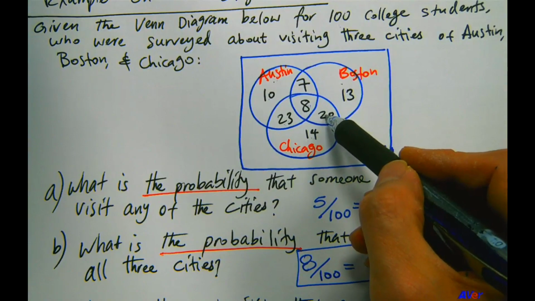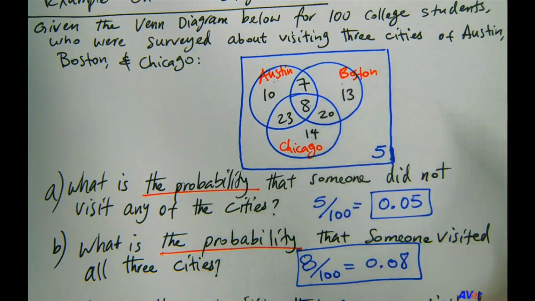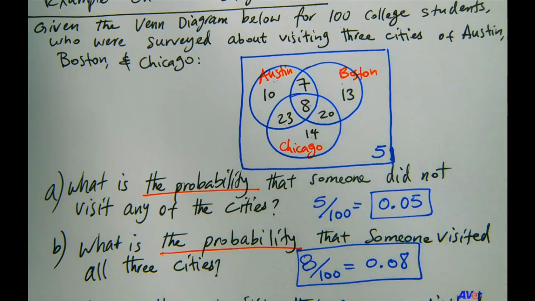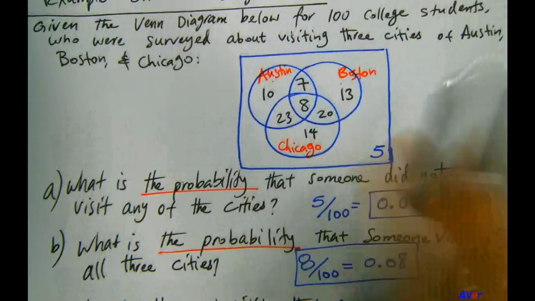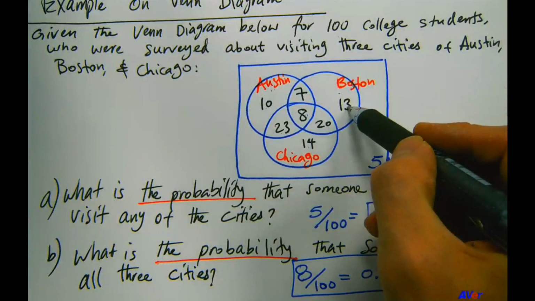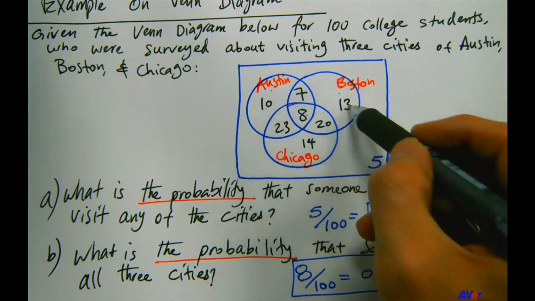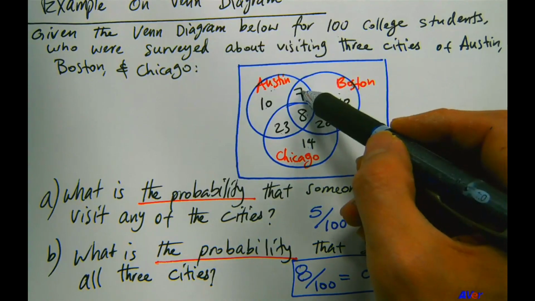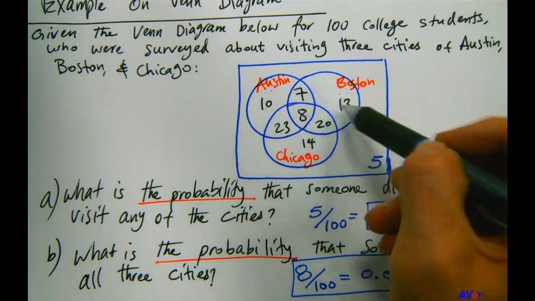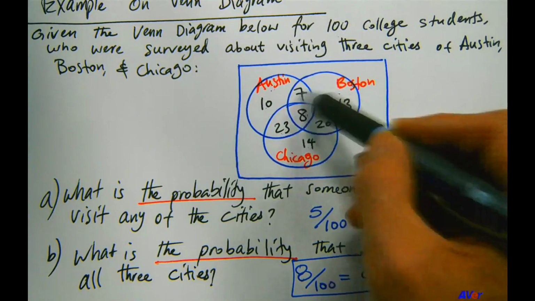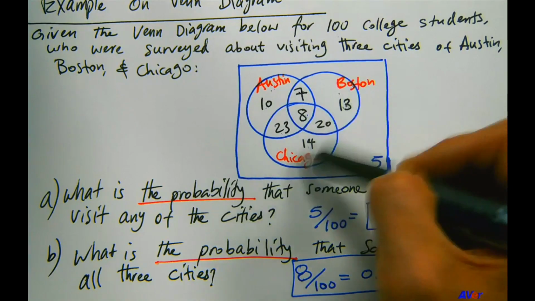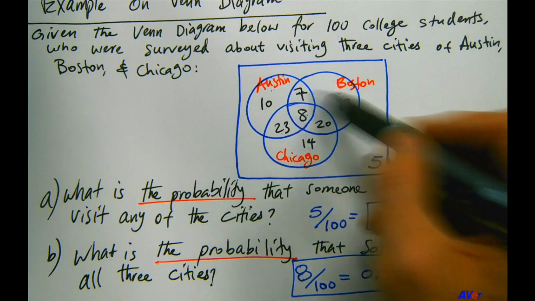So these, someone visited Boston but not Chicago. So how many do we have? We have 13 visited Boston and nowhere else. So that's part of it. Boston but not Chicago. We have those who visited Boston and Austin but not Chicago. So 13 plus 7, that's 20. So these 20 visited Boston but not Chicago. So they're still part of this probability.